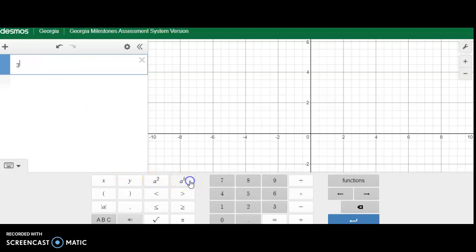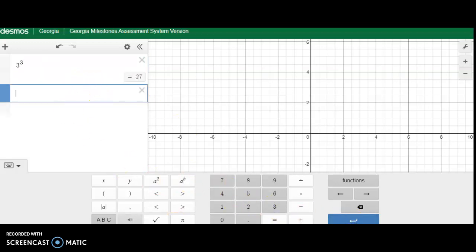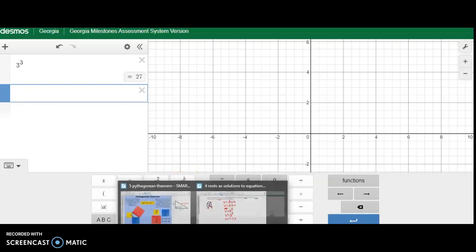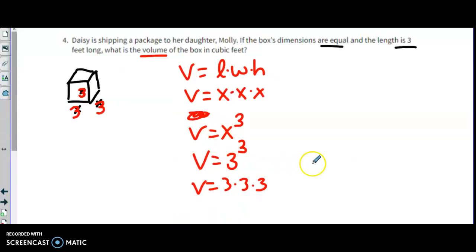You have to hit this one. You're going to raise it to the 3rd and then hit enter, and it's 27. So if you want to raise it to a number that's not a 2, you got to use this button. And then let's go back and write that down. So the volume equals 27 cubic feet.